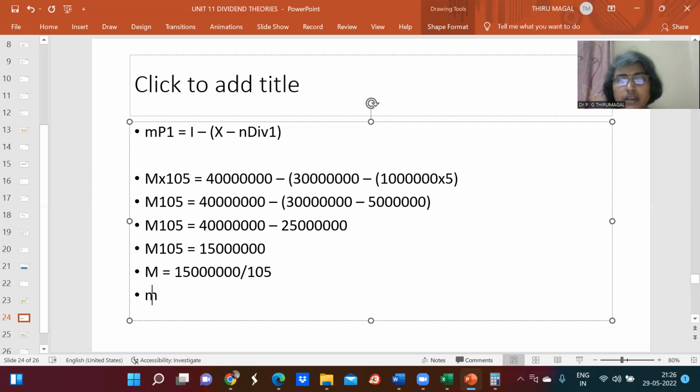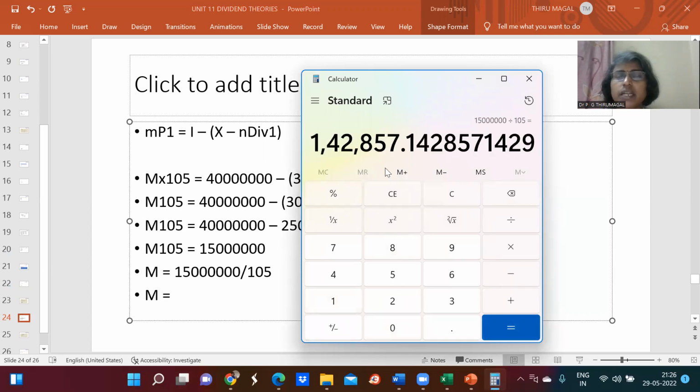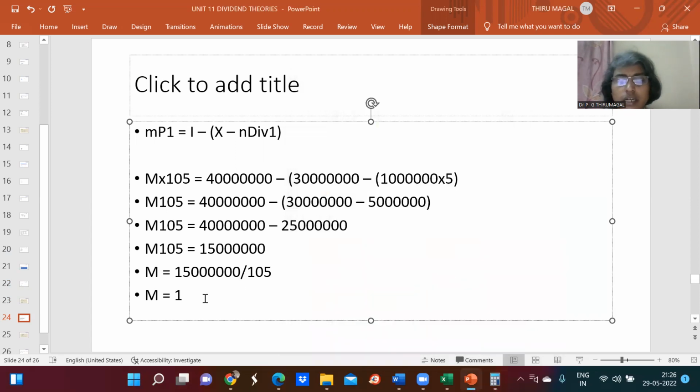When we divide, we get 1,42,857 new shares to be issued as per the hypothesis.